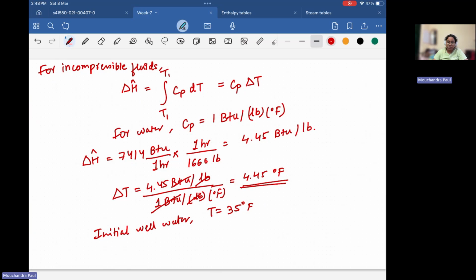Now after change in this much temperature, this is the temperature rise. Final temperature becomes 35 plus 4.45, that is 39.5, close to 39.5 degree Fahrenheit. This is the final temperature. Okay.